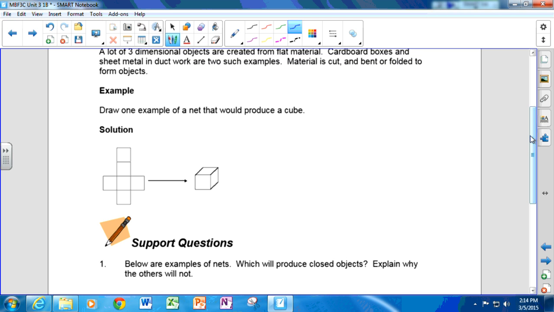So once you're aware of this, and you start looking at, for example, your Tetley tea box, when you start tearing that apart, or a pizza box, or just a regular cereal box, it's kind of interesting what it all turns into.